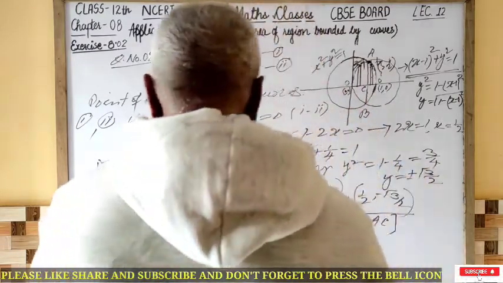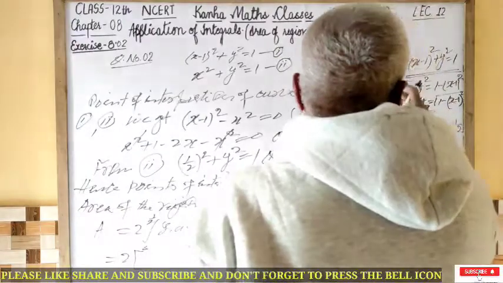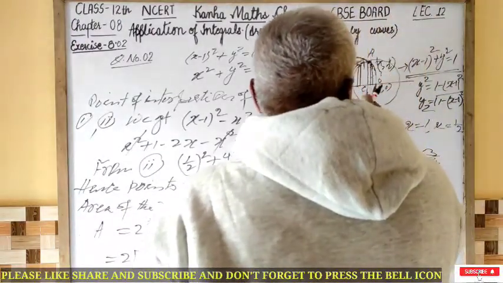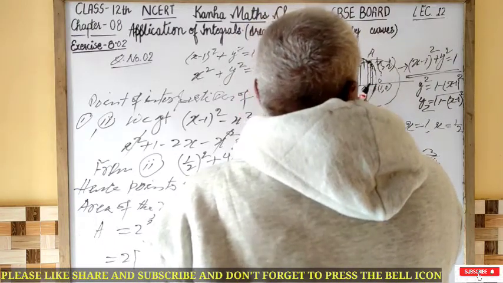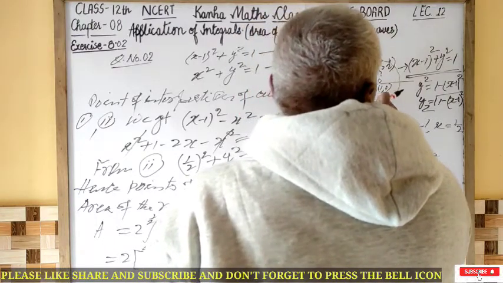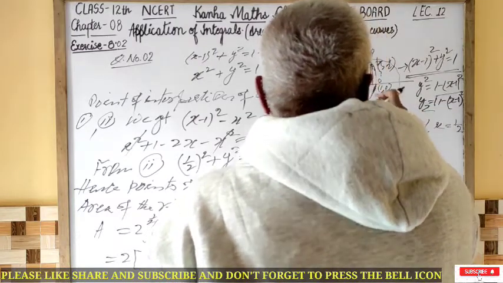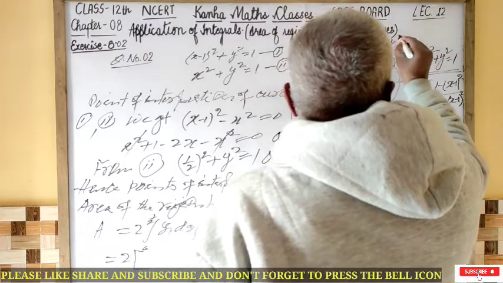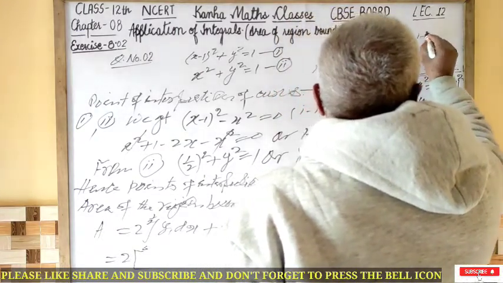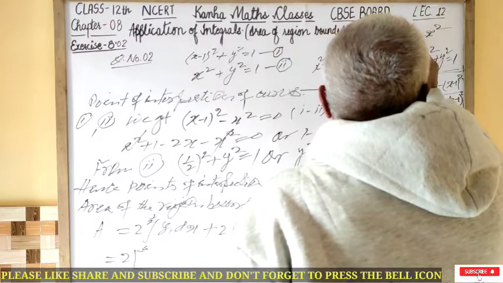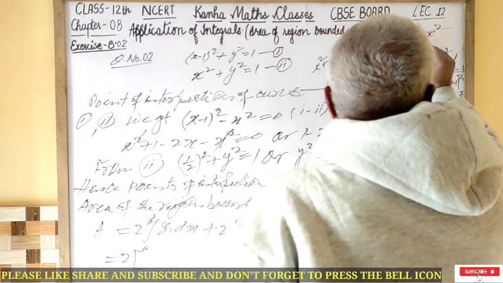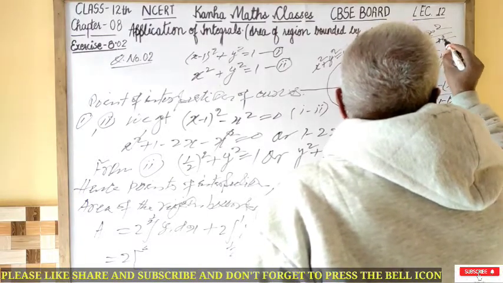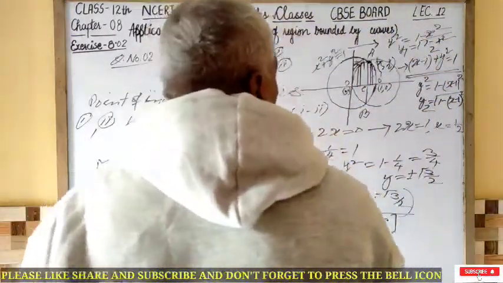This is y2 from the figure point of view, because x is equal to 1 by 2 to 1, this is y2, and from this equation we have y square is equal to 1 minus x square.